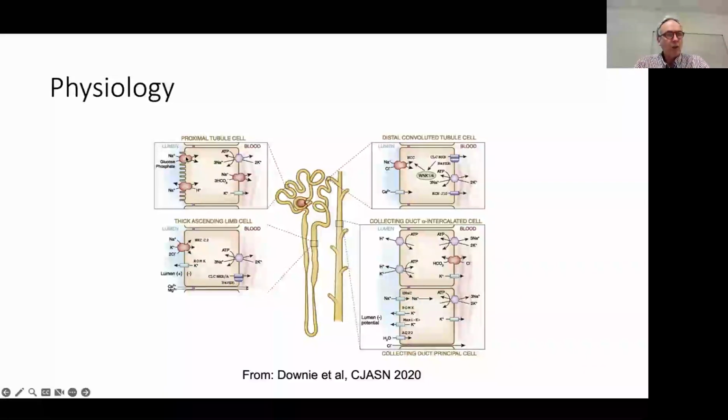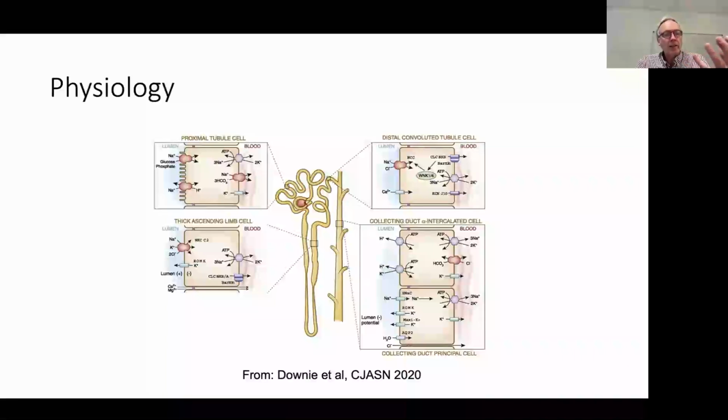For instance, co-transport with sodium, such as sodium-glucose co-transport or sodium-phosphate transport, exchange like sodium-hydrogen exchange, or these other co-transporters. So most of the transport processes that occur in our tubules are driven by the sodium-potassium ATPase and the electrochemical gradient for sodium and potassium that it builds up.